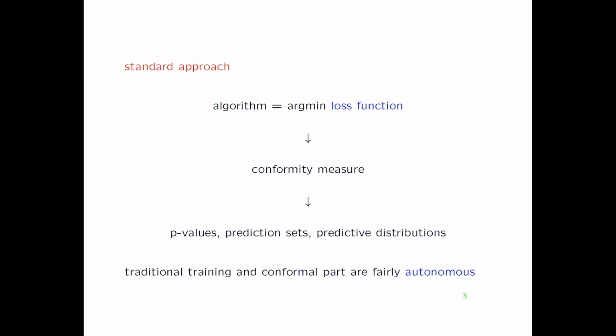Let me just note that this looks like a two-step approach, because the traditional part, the training of the algorithm, and the second part, how you make conformal prediction, are kind of autonomous, independent.